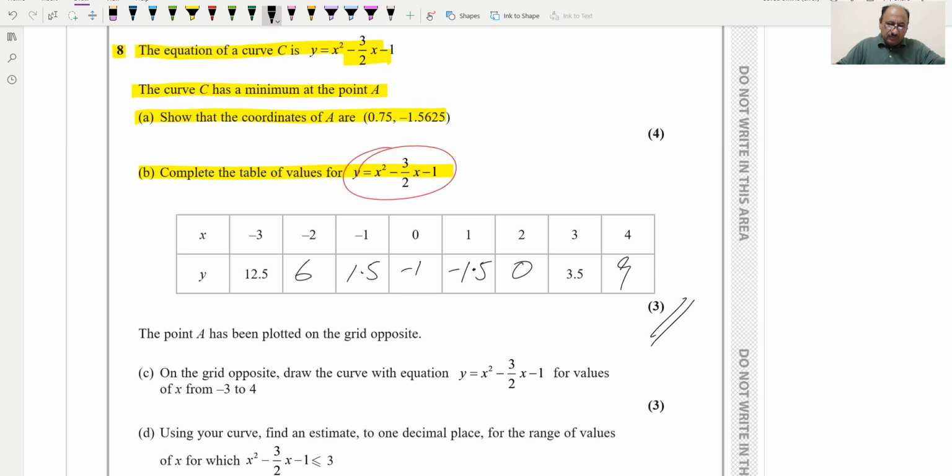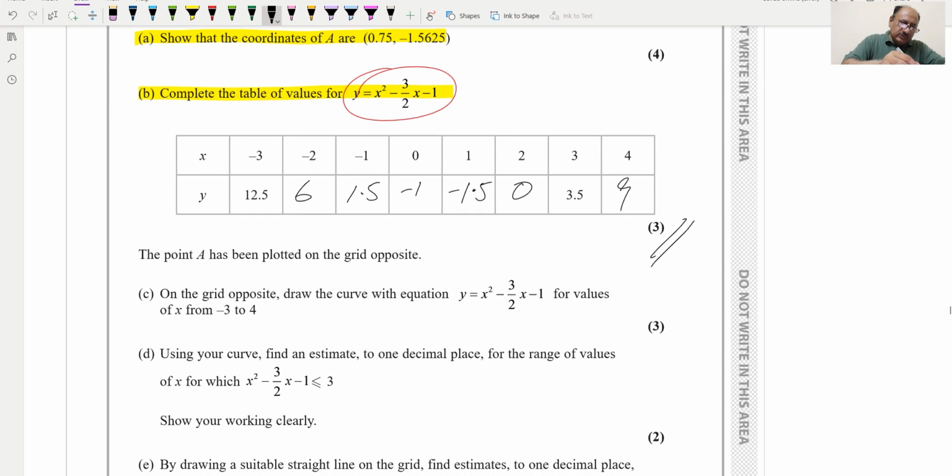This is done. Now next they are saying the point A has been plotted on the grid opposite. Draw the curve for these values. So these values we have to plot on the given grid.